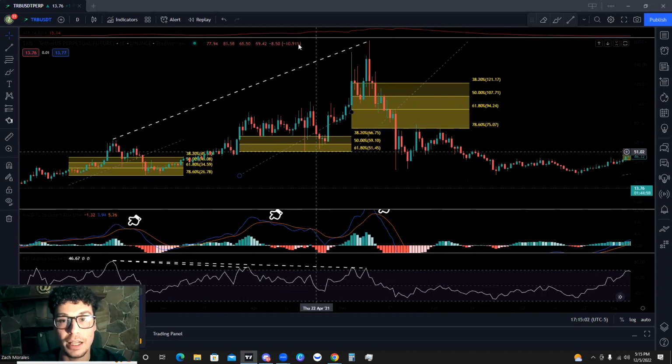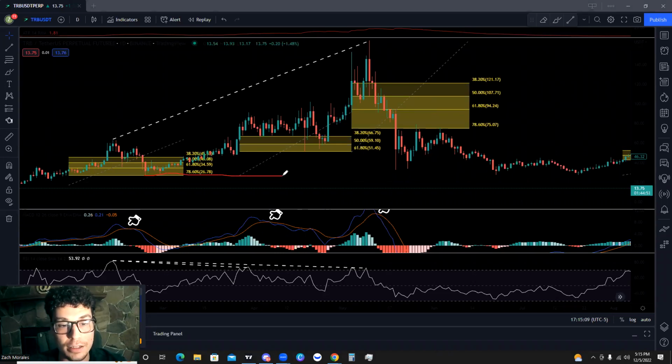And so what we're doing is we established a new low right at our 78.6. All right. And then we established a new high up here. So what we're seeing is again an impulsive move to the upside, a retracement. We bounce off the 61.8% level, and then we ultimately continue the trend and go up higher.